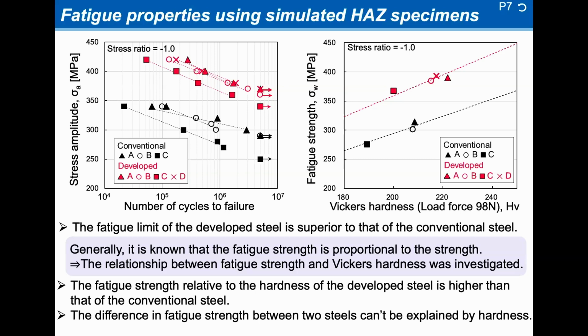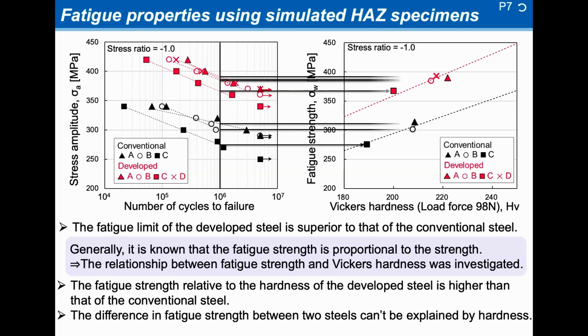In general, it is known that fatigue strength is proportional to the strength. So the relationship between fatigue strength and the Vickers hardness was investigated. In this study, the strength corresponding to 1 million cycles is defined as fatigue strength.